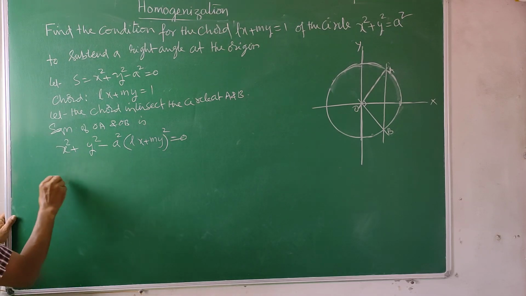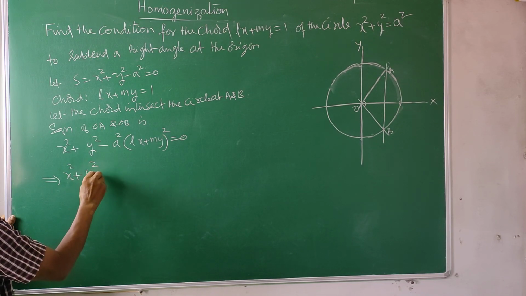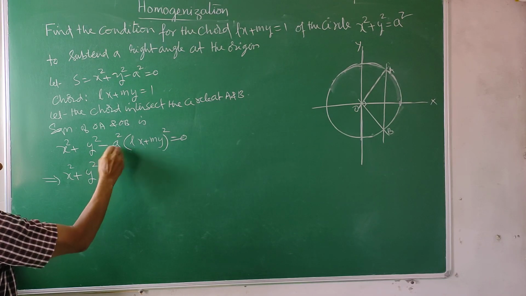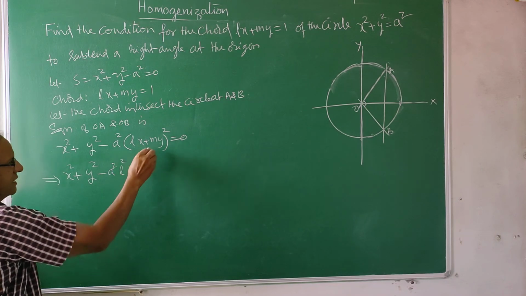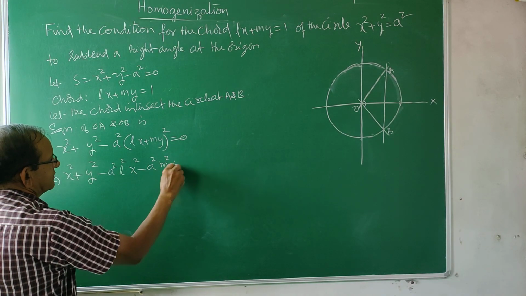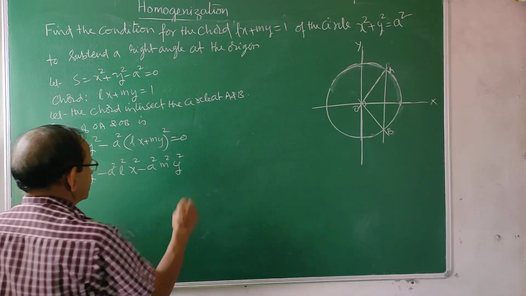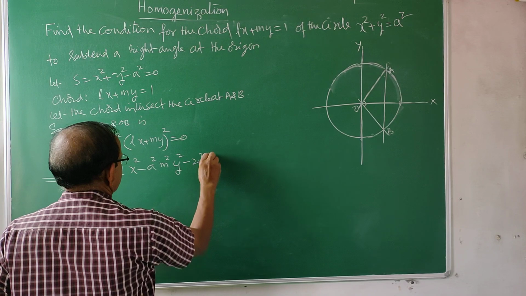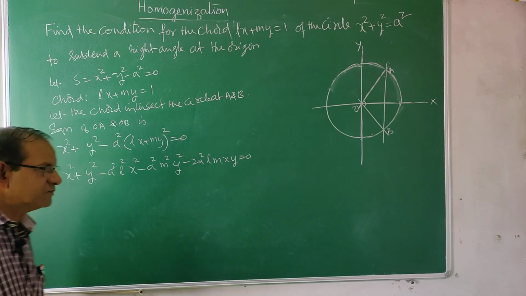Let us simplify this. That implies x square plus y square minus a square L square x square, minus a square m square y square, minus 2a square lmxy is equal to 0.